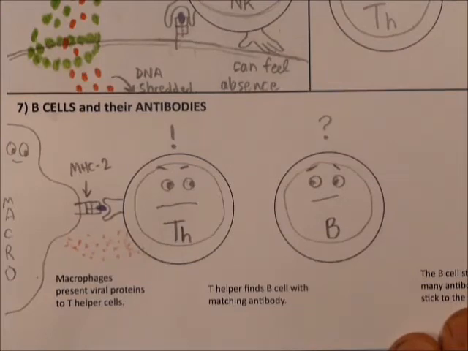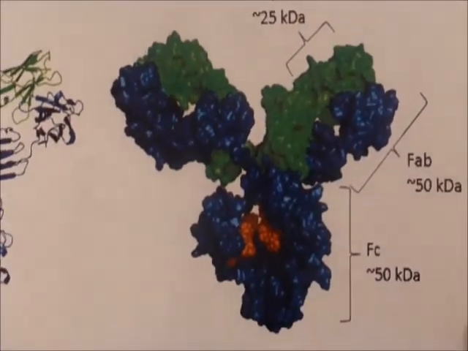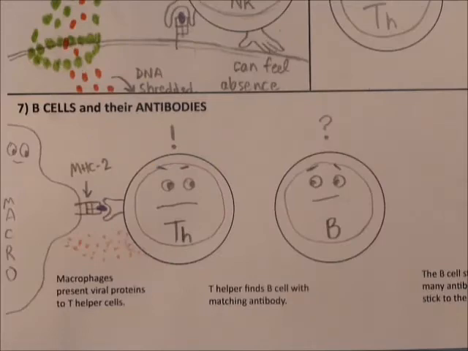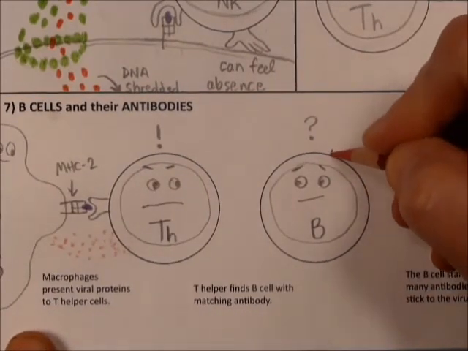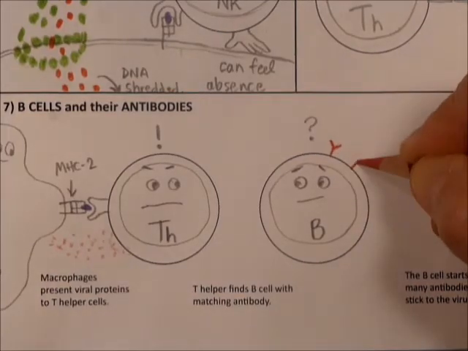What the B cell has is something called antibodies. We're going to draw them looking like little Ys, and the reason is because they look like Ys. And you can use any color you want. Make some little Ys, these little antibodies, sticking off.